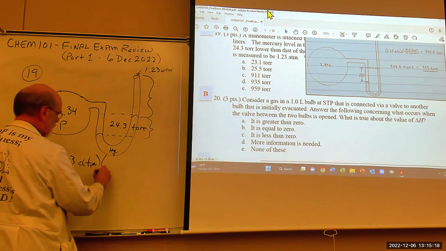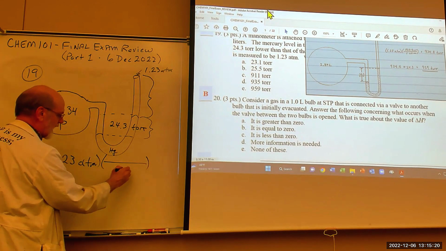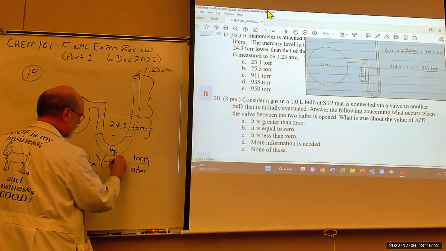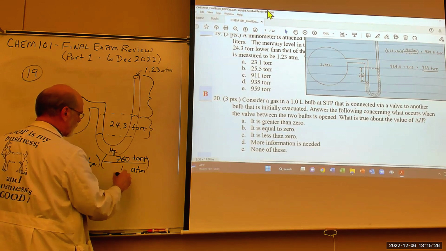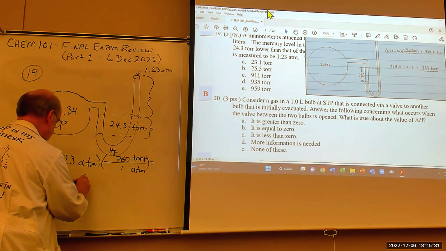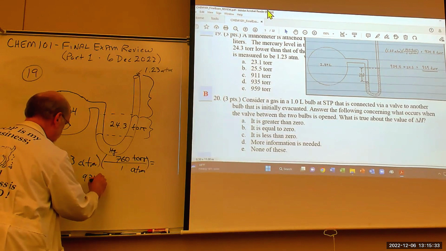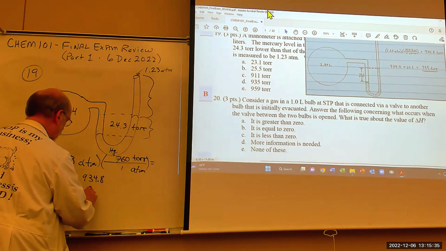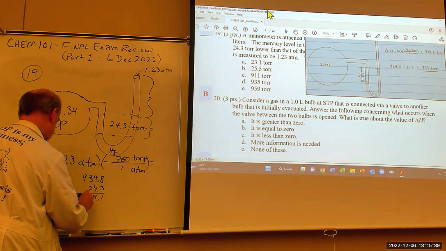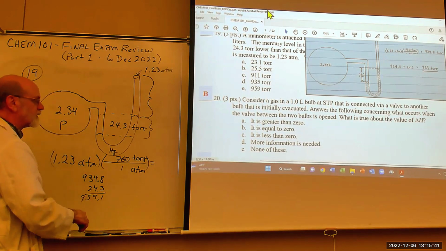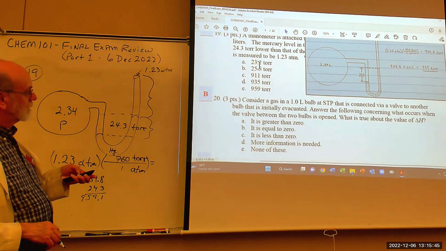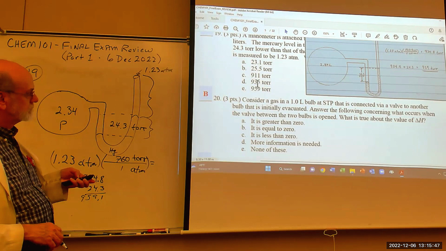How many torr is that? This is a dimensional analysis problem. 760 torr per atmosphere. So 760 times 1.23 is 934.8. Then we add 24.3, and we get 959.1. We'll round it off: 959.